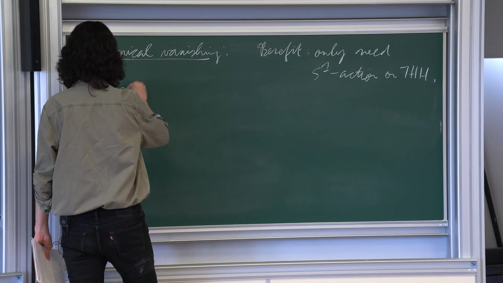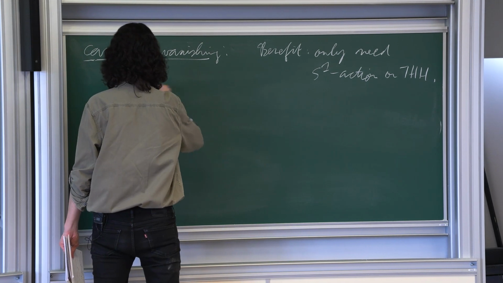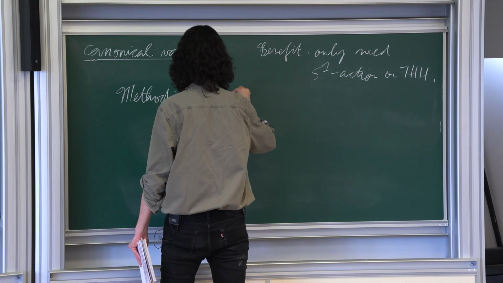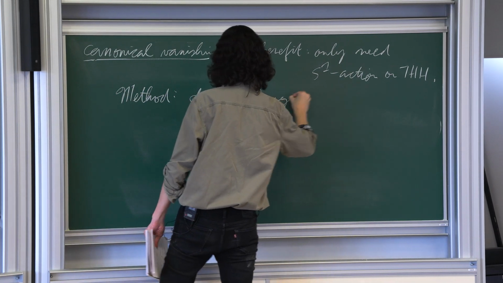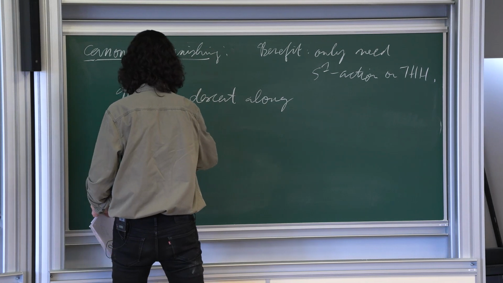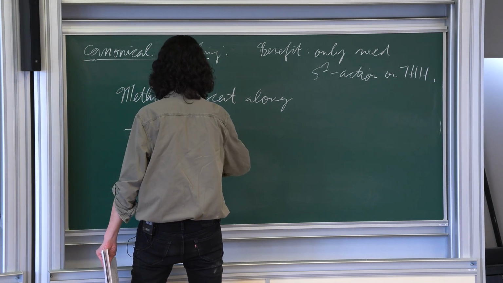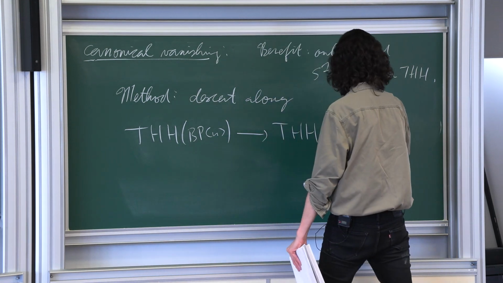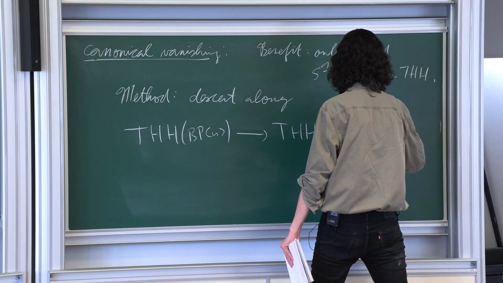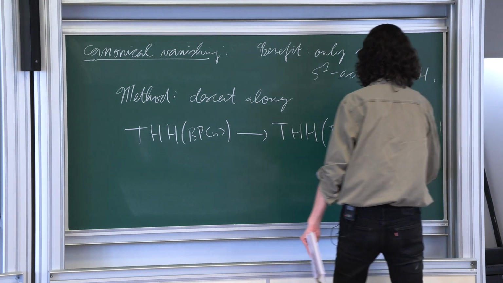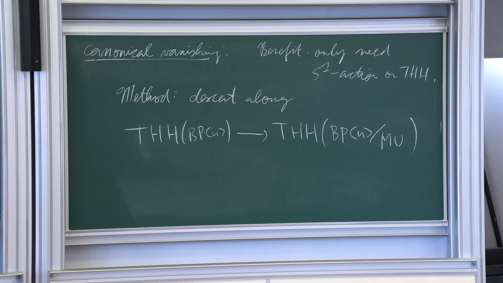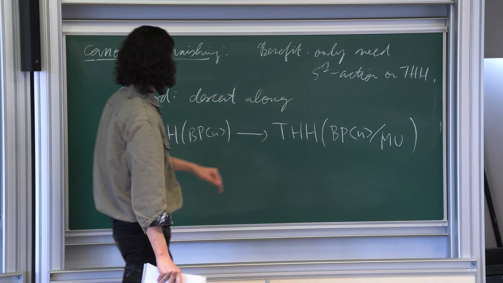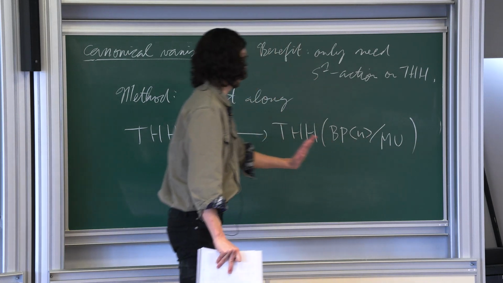So the method is descent along... So you have, say, THH of BPN. And then, in order to better see Vn plus 1, you do a relative THH calculation instead. So there's this thing called MU, which I never explained, even though it's central to the chromatic story. But you can think of it as being like BP infinity. It's actually got extra junk, but it is E infinity, so that's good.